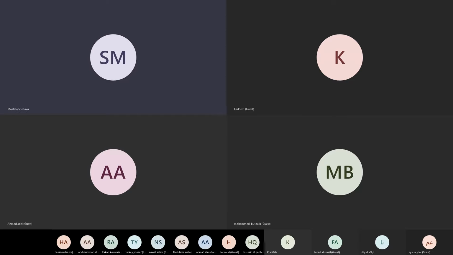What are they? What are these two systems?